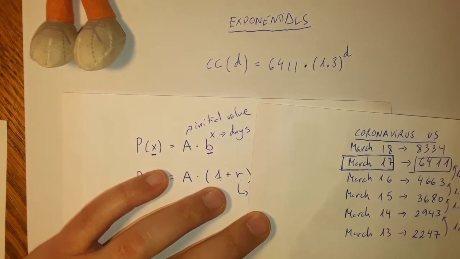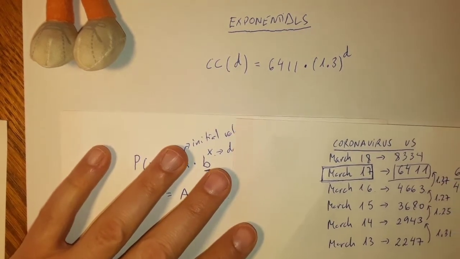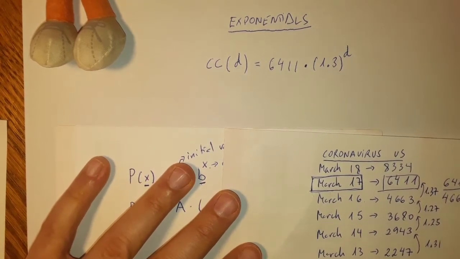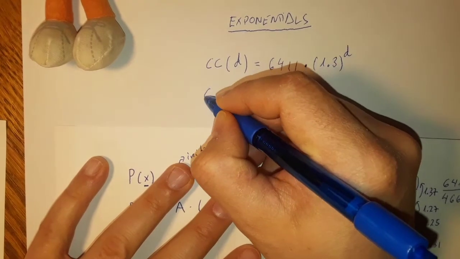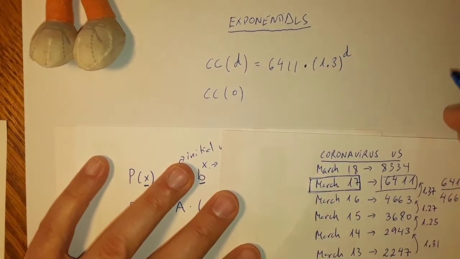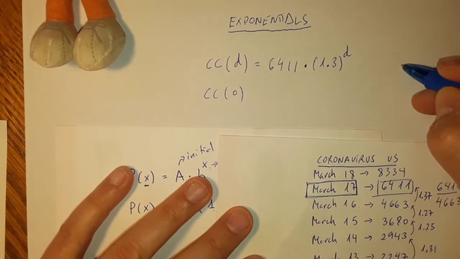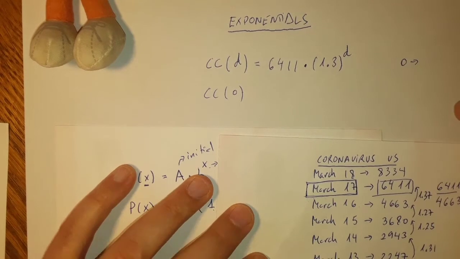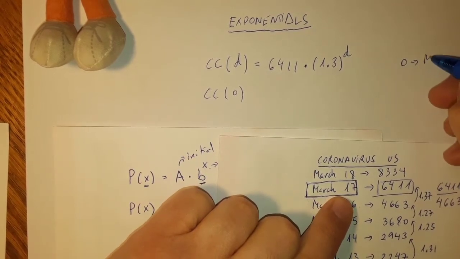Great. So that means that if the input is 0, and 0 stands for March 17, which was yesterday.